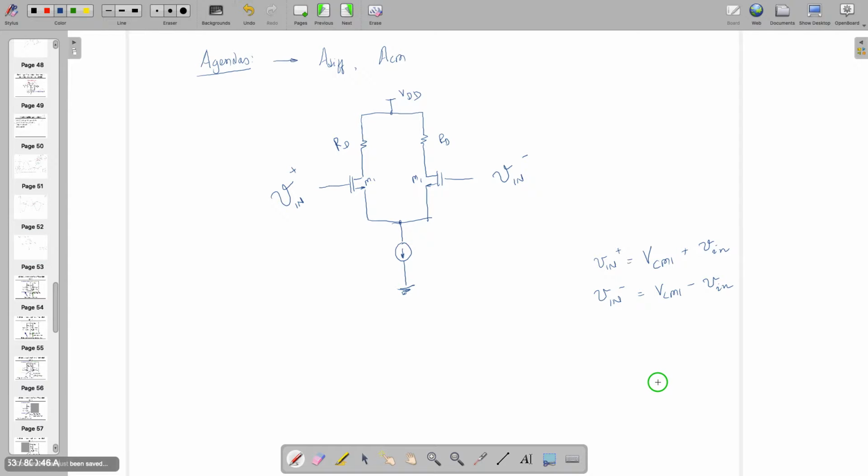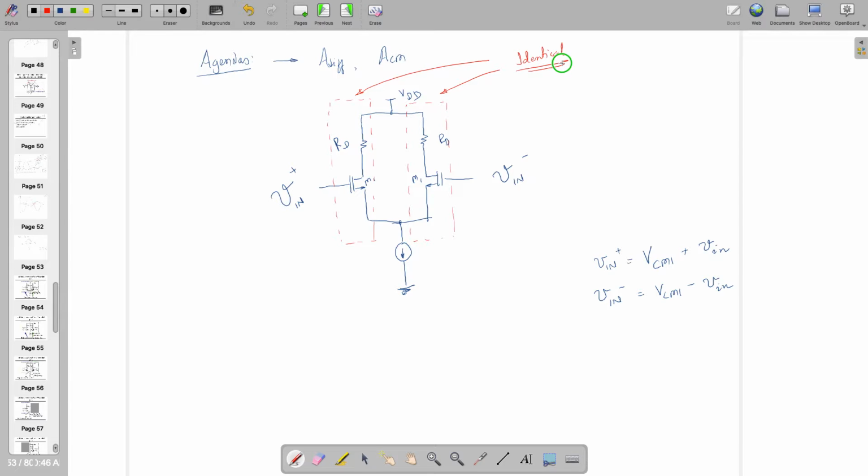Notably, when we are making the differential circuit, it's very important that both the balance networks are identical to each other. So balance network 1 and balance network 2 have to be identical, because that is a very important thing.